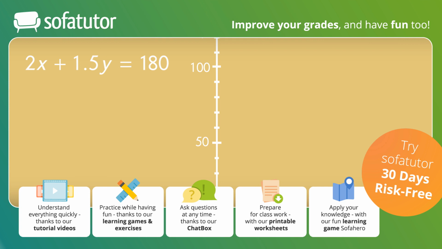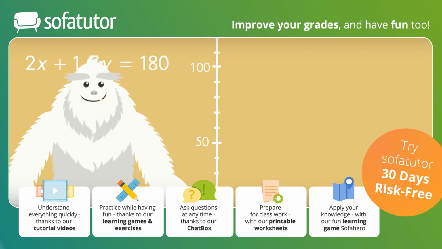The x-intercept will show the maximum amount of lemonade that can be sold for $180. The y-intercept will show the maximum amount of cookies that can be sold for $180. The first step is to find the x-intercept. This is the point that crosses the x-axis when y is 0.